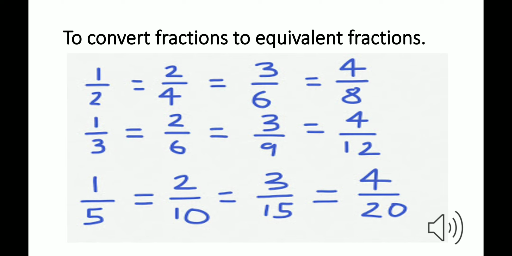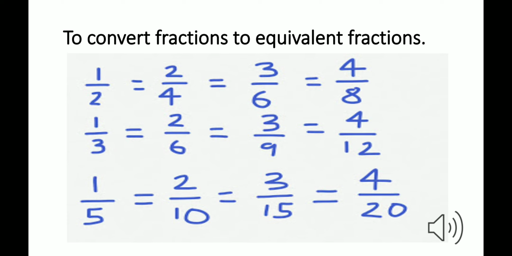Okay. And when we multiply by the same number, then the value remains the same and the fraction changes, and such kind of fractions are known as equivalent fractions. Like 1 by 2, we are multiplying by 2 and 2, so we are getting 2 by 4.